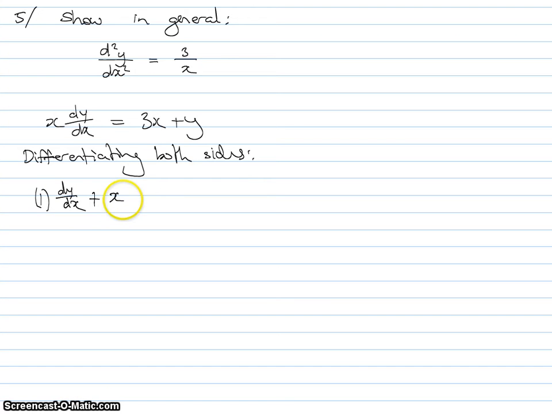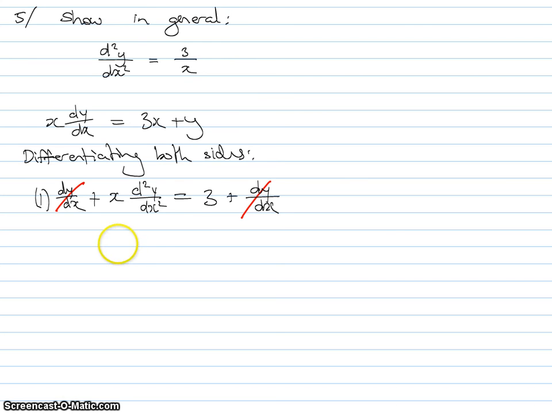This will give me x times the derivative of the first derivative, which is the second derivative, d squared y dx squared. The right-hand side, if I differentiate 3x, I'm just going to get 3, and if I differentiate y, I'm going to get dy by dx. Now, if I look at this expression, I see that I have a positive dy dx on both sides, so I cancel them out.